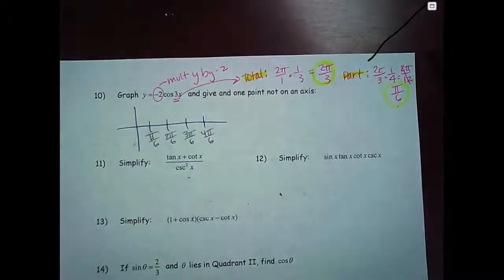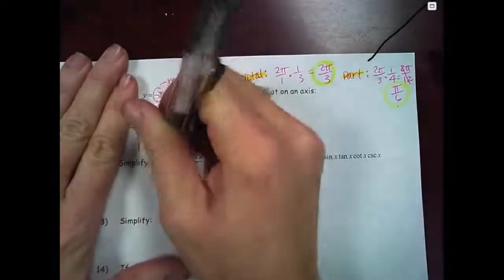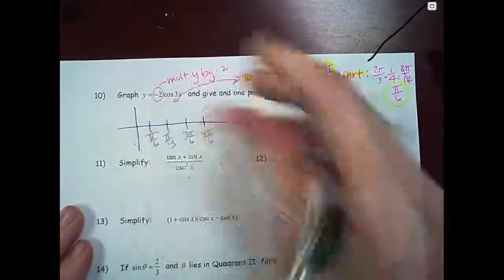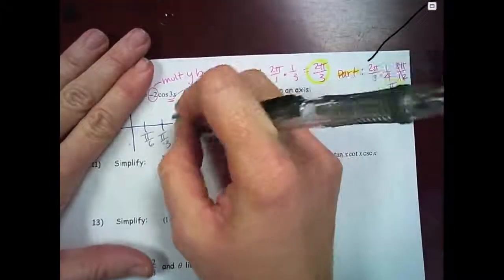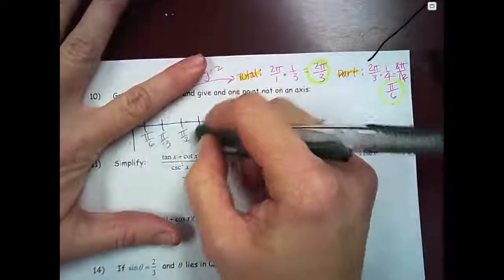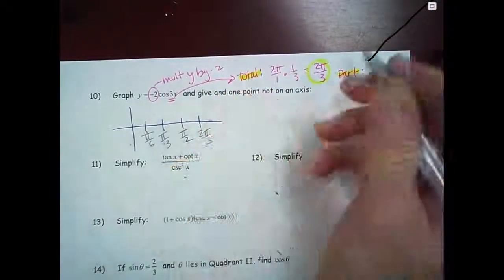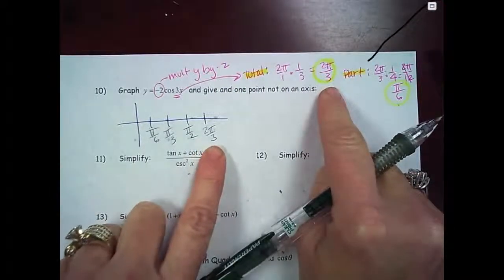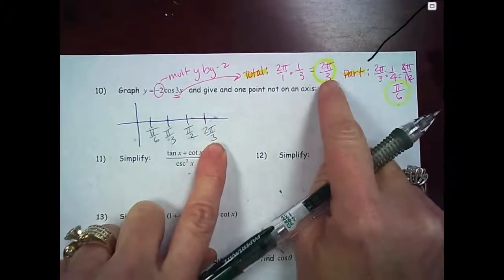But some of those reduce. 2 pi over 6 is the same as pi over 3. 3 pi over 6 is the same as pi over 2. 4 pi over 6 is the same as 2 pi over 3, which it should match. Look, my total is 2 pi over 3, my total is 2 pi over 3.